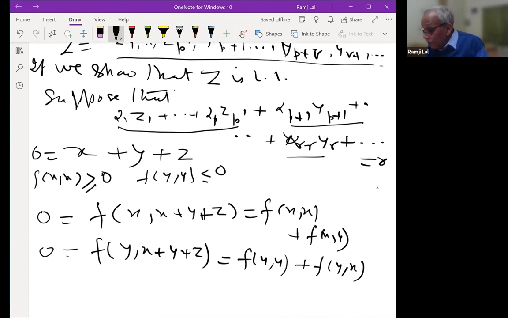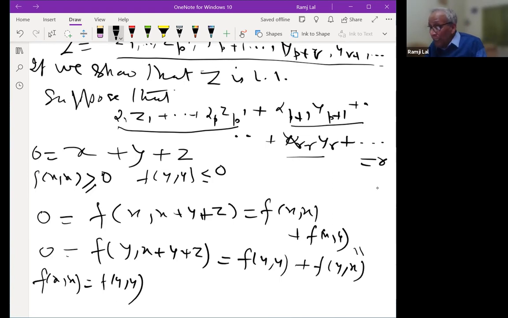So f(x,x) plus, so these two are equal, and f(x,y) is equal to f(y,x) if it is symmetric. So what will that mean? That will mean that f(x,x) is equal to f(y,y). These two are the same because we are in the symmetric case.